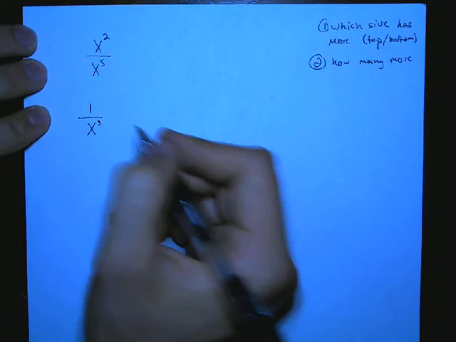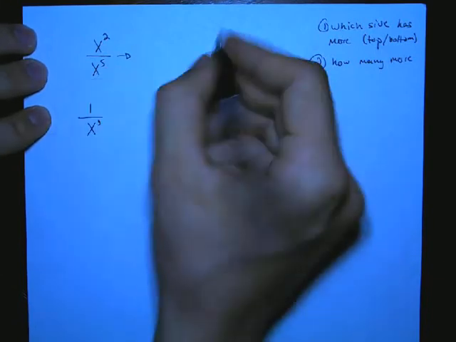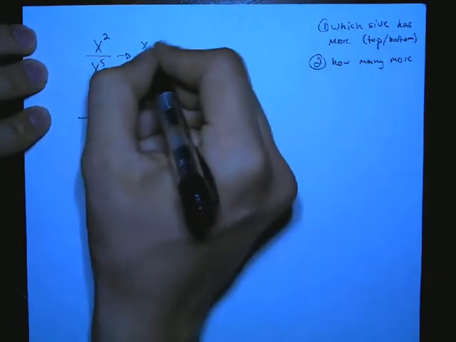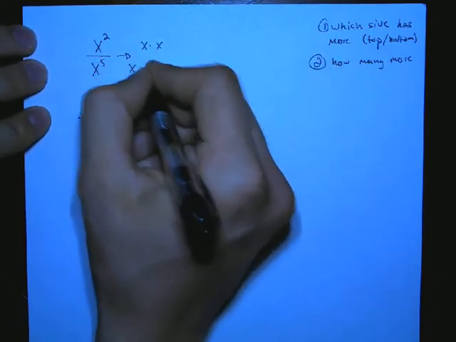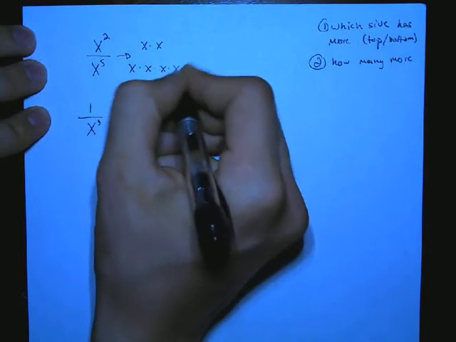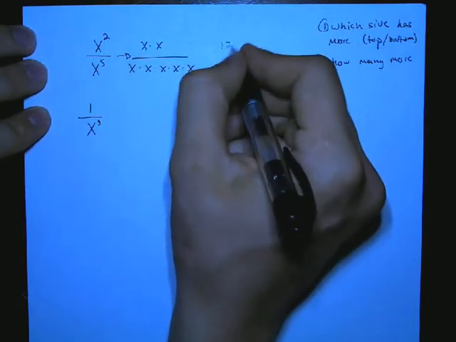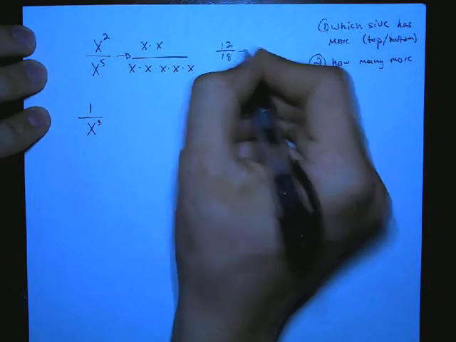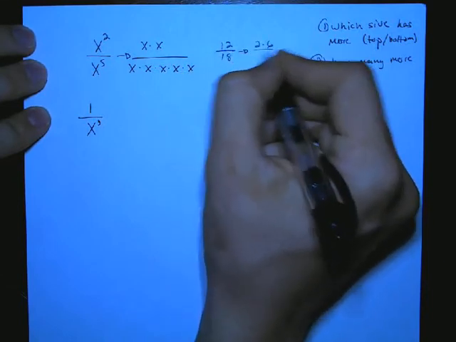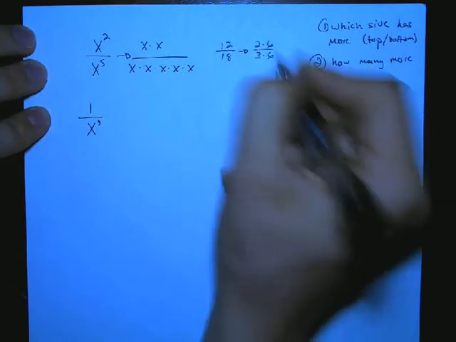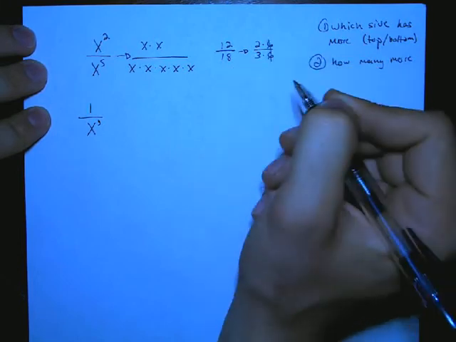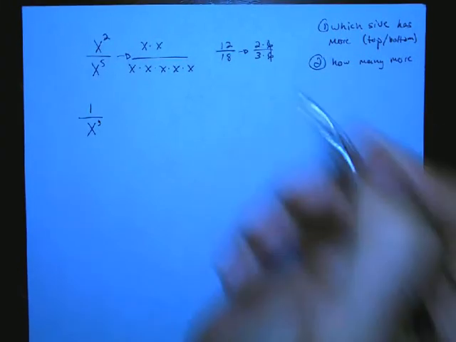Well, Coach Murad, how does that work? Well, check this out. I've got x squared on top, x^5 on bottom. The way it works is just like reducing a fraction. Let's say I have 12 over 18. 12 is 2 times 6. 18 is 3 times 6. The 6's are the same, so I can pull them out of each piece of the fraction.